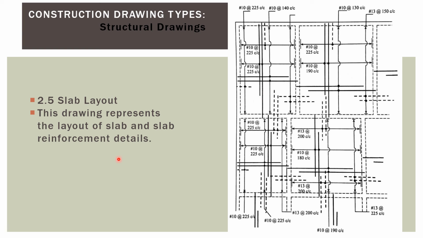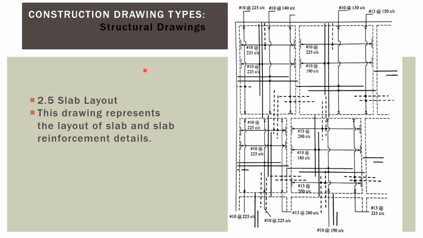So in the structural drawing, that is also very important. And one more thing, in the structural drawing, some other drawings are also provided, like the water tank structural details and the staircase structural details. All these details are also provided in the structural drawings.